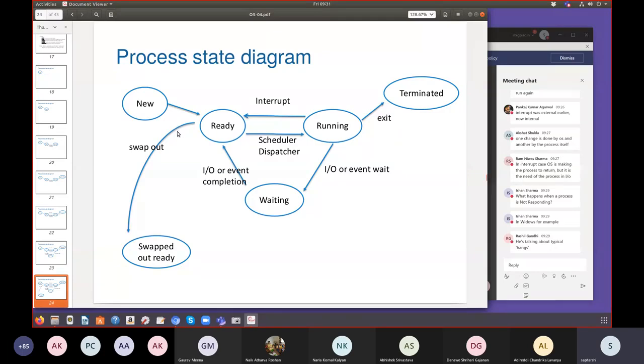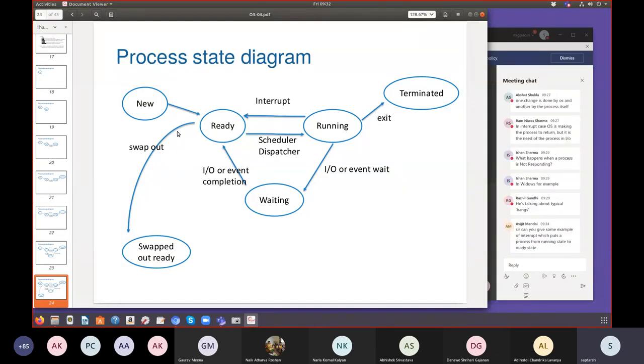That means, remember the swap space which we discussed a few slides back is usually an area of the disk which is meant specifically for this: the memory is not sufficient to hold all processes, therefore it is swapped out.